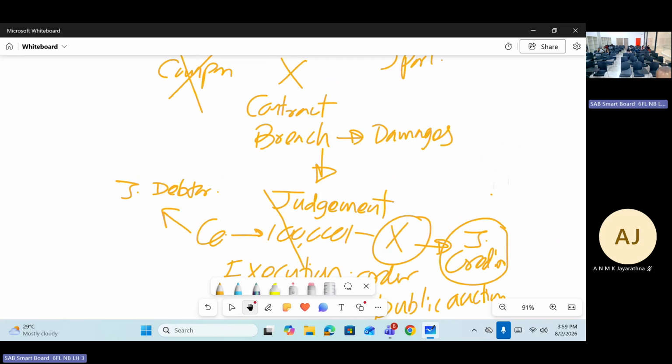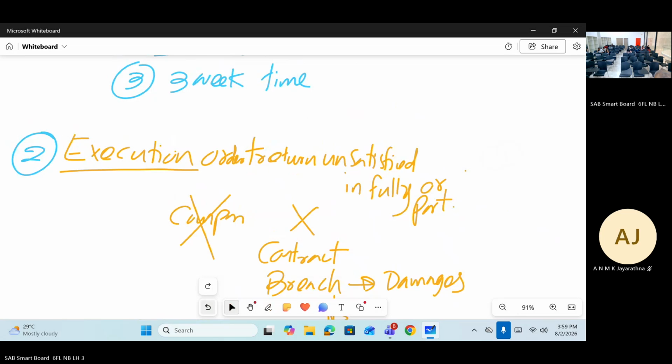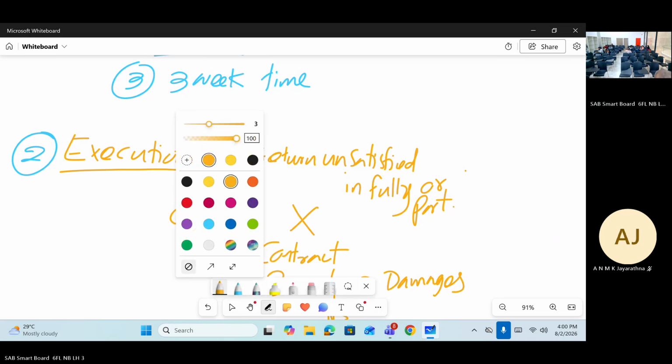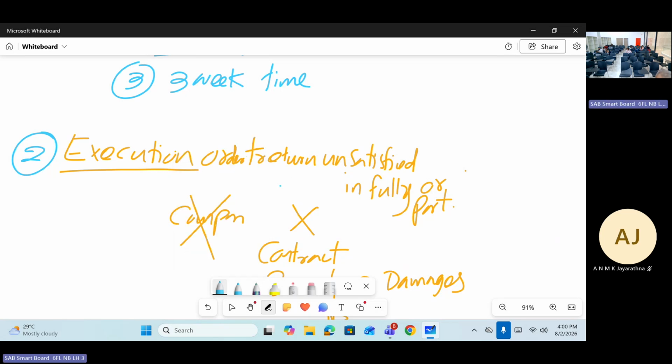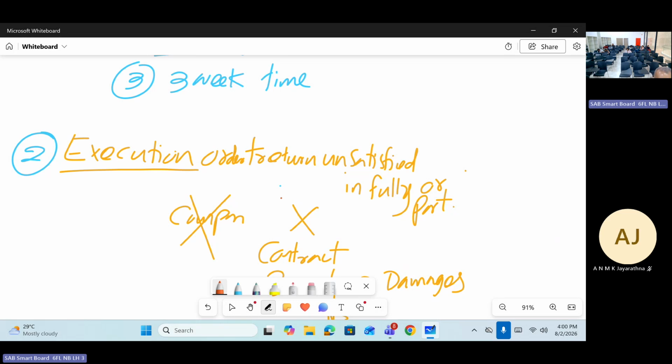Returned unsatisfied means unable to recover the money, either in full or in part.